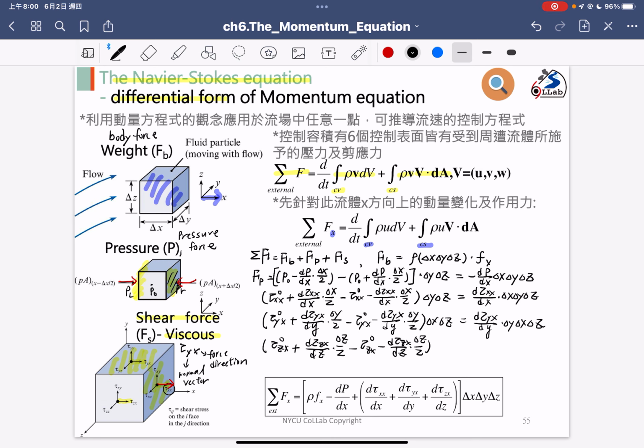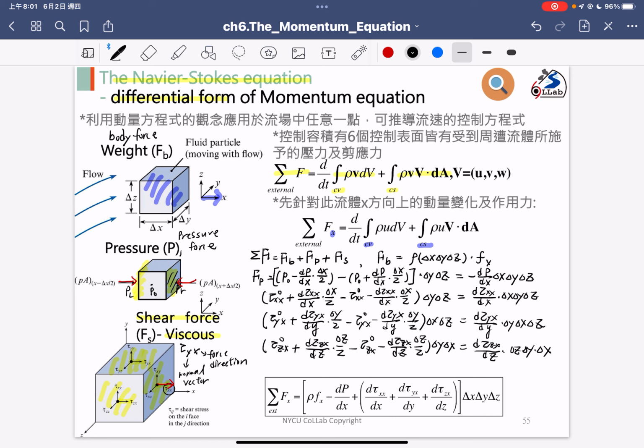The area here is equal to the face in this plane, so it is equal to delta y multiplied by delta x. Okay, so the final is d tau z x dz times delta z multiplied by delta y multiplied by delta x.